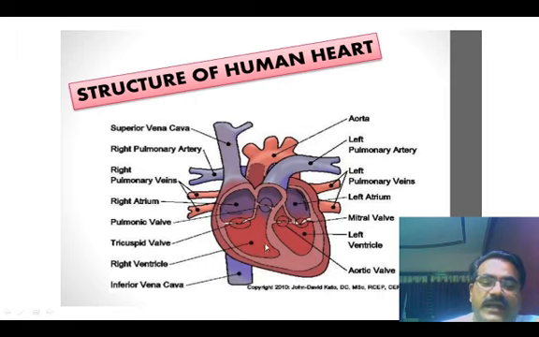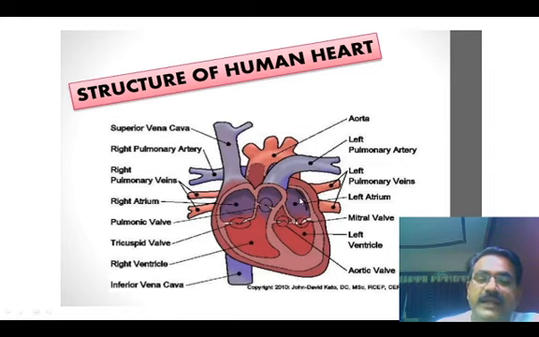Blood from the right ventricle enters the pulmonary artery with the help of the ventricular pulmonary valves. Here there arise two branches, left and right, which go toward the left and right lungs, where oxygenation of the blood takes place in the heart of human beings.